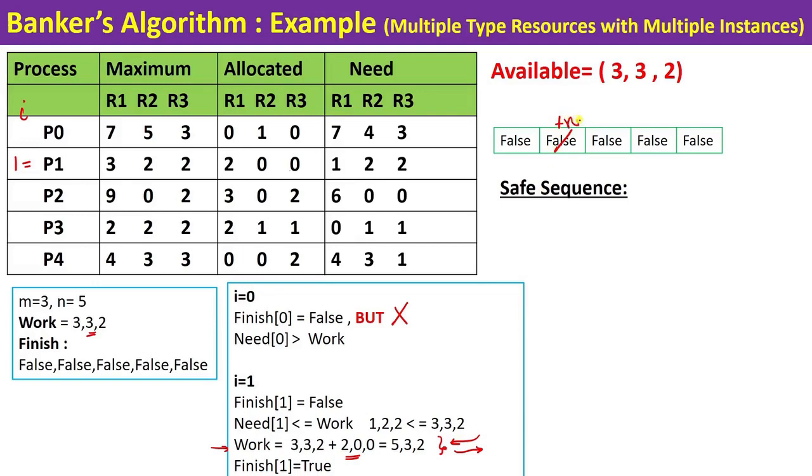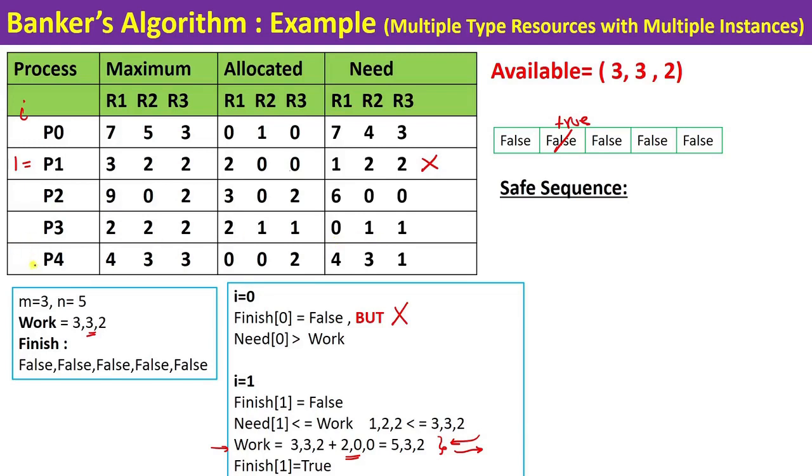That means this is true, right? Now after this process is completed, the finish array contains true. Now the algorithm will say you can proceed forward. Now you check the P2 process. You can also check P3 process, after P1 you can check P3 if we are able to fulfill the demand of P3 now.